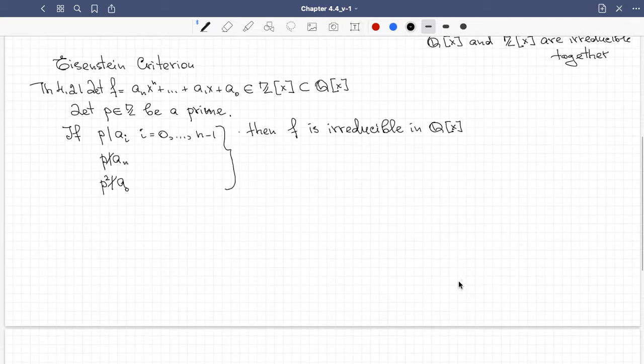So it's Eisenstein criterion, and we call such a polynomial Eisenstein polynomial.